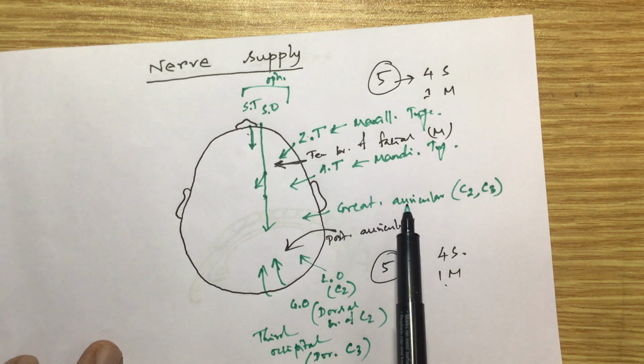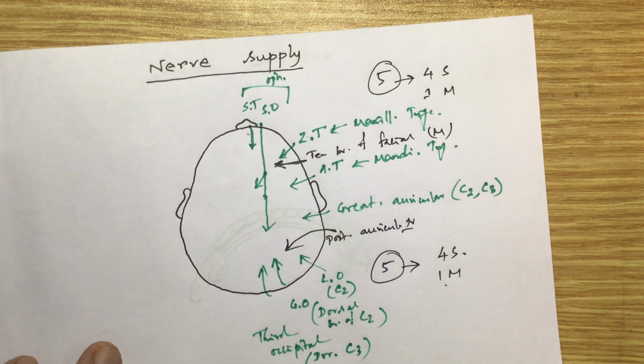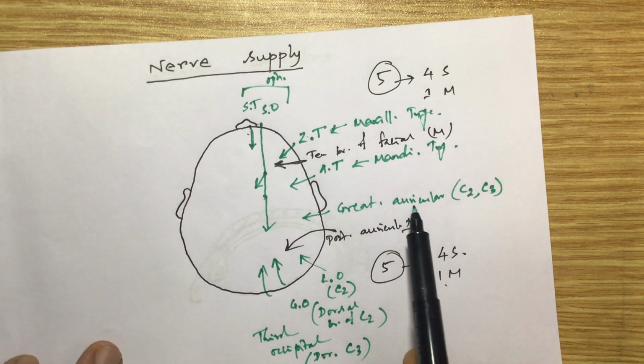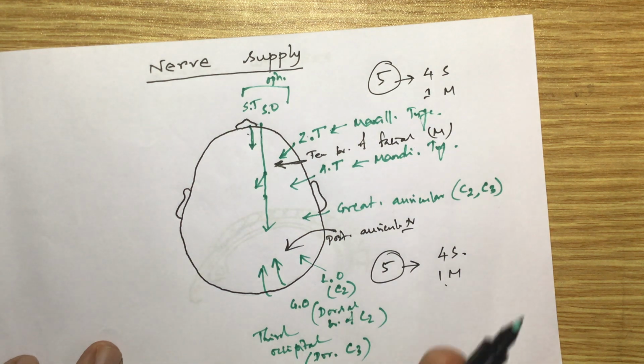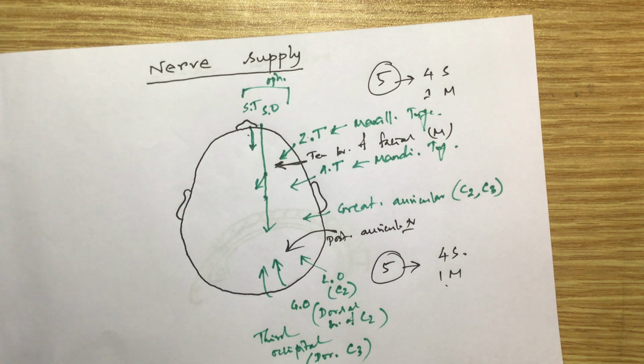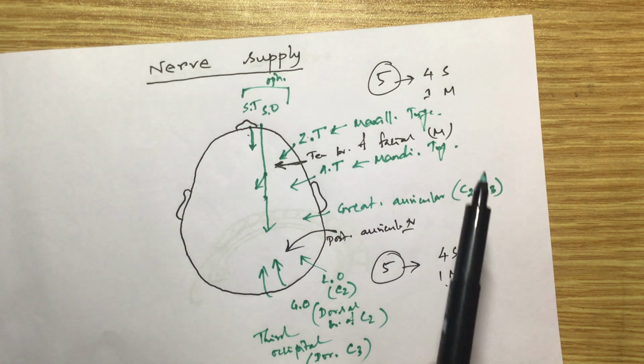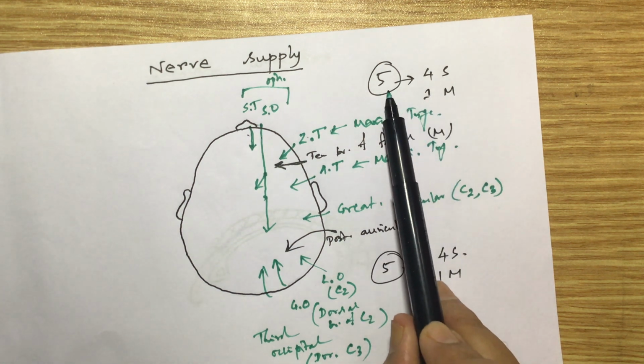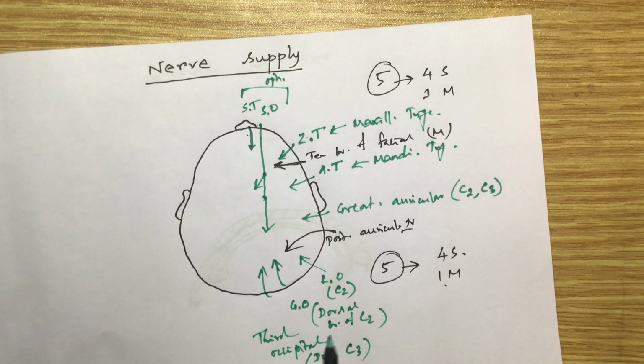See, here is also 5: 1, 2, 3, 4, 5. These greenish ones are the sensory nerves, and this is the motor nerve. So, see, 5 nerves in front, 5 behind.